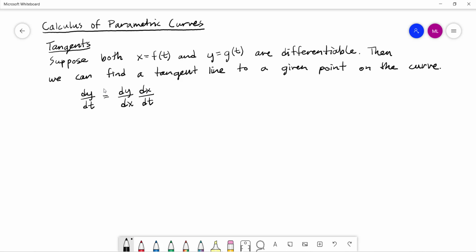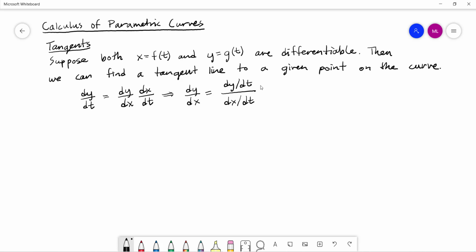Using this relationship, we can solve for dy dx by simply dividing both sides by dx dt. So if I divide both sides by dx dt, we get that dy dx is dy dt divided by dx dt.